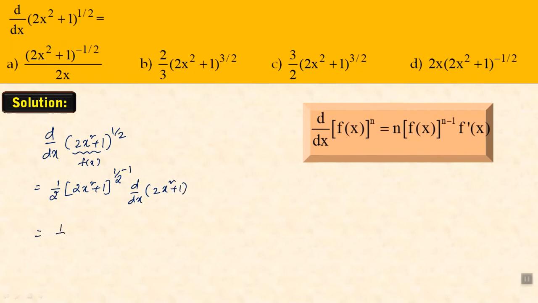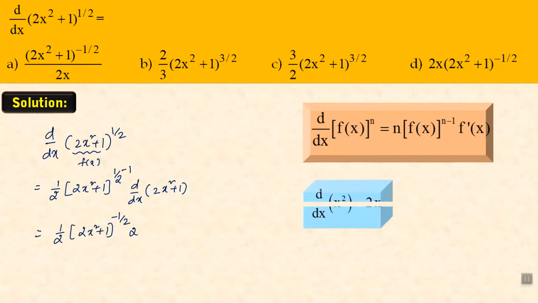This equals to 1 by 2 into 2x square plus 1 whole power 1 minus 2 by 2, that is minus 1 by 2, into d by dx of 2x square, that is 2 into d by dx of x square, that is 2x, plus d by dx of 1. D by dx of constant is 0.